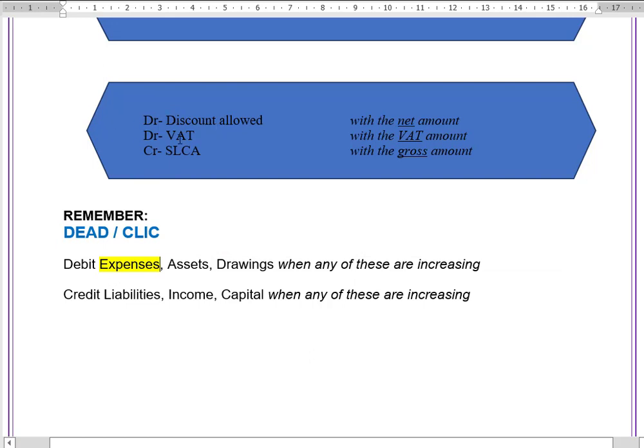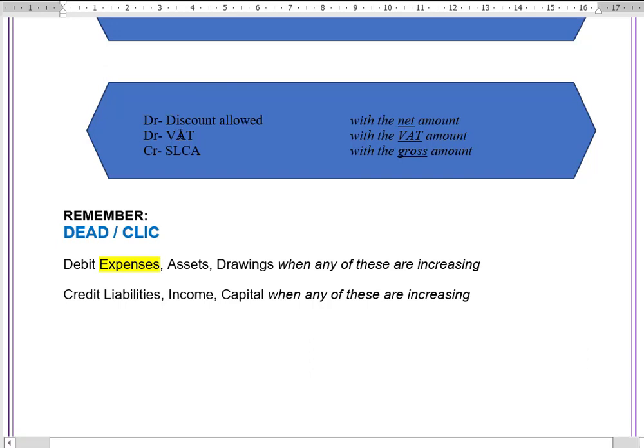You have VAT. When you sold the item to your customer, that amount of VAT is a liability. VAT on sales is a liability in your hands because you owe that VAT to the government. It's not your money at all. But hey, I didn't actually sell this item anymore.